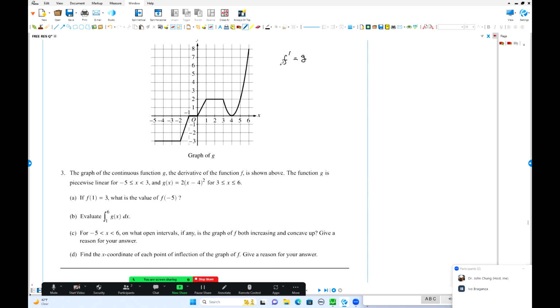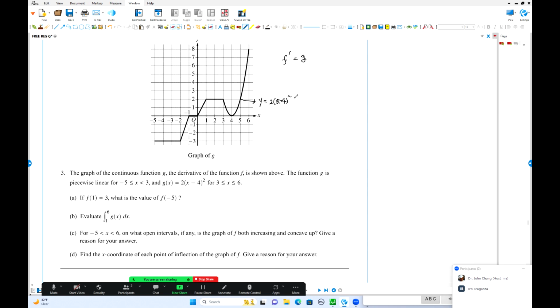And g of x on 3 to 6 is y equals 2 times (x minus 4) squared, okay?